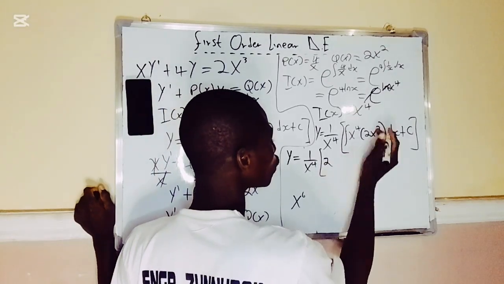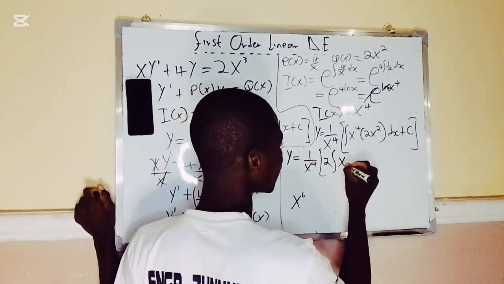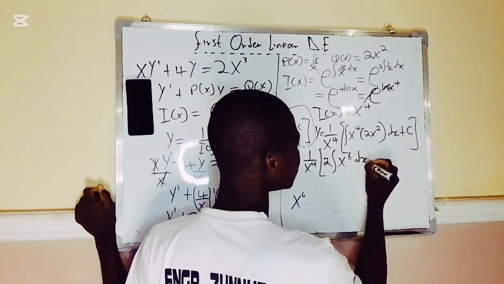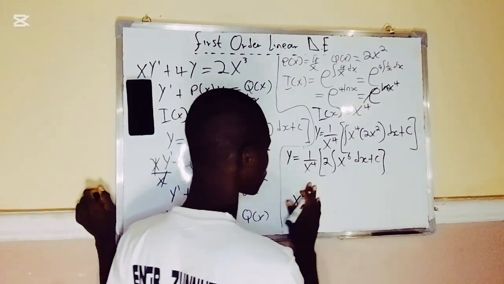So 2 goes outside the integral of x to the power of 6 dx plus a constant.